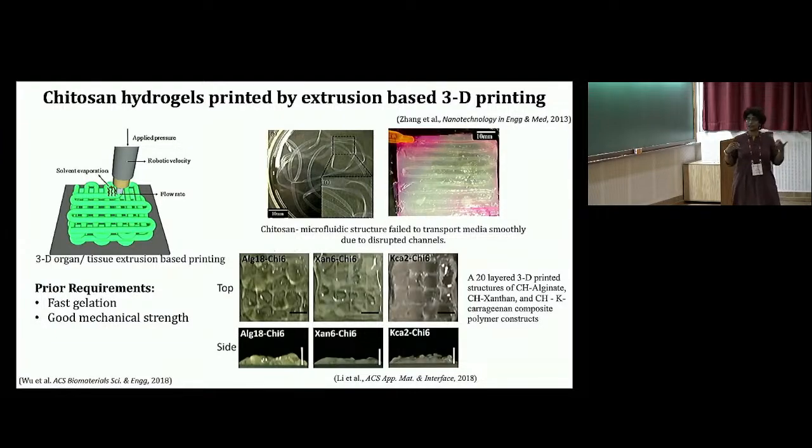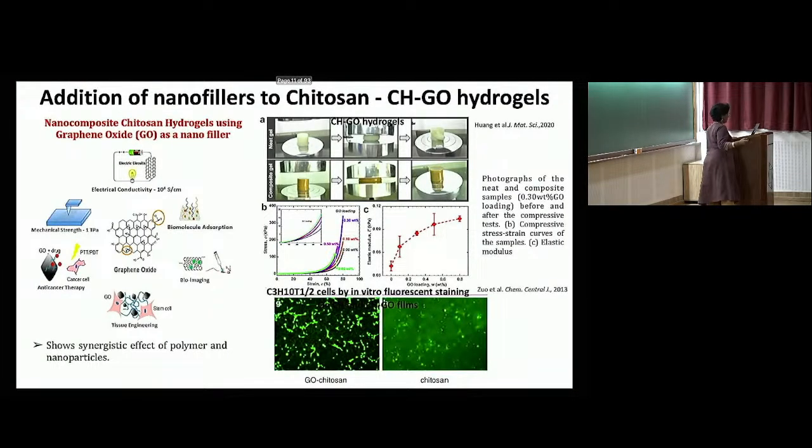So the overall intention in the field has been to make it as multi-component as possible, to increase not only the mechanical properties but also to add functionality to these materials. One of the fillers which we have used in our work is a carbon-based material called graphene oxide.